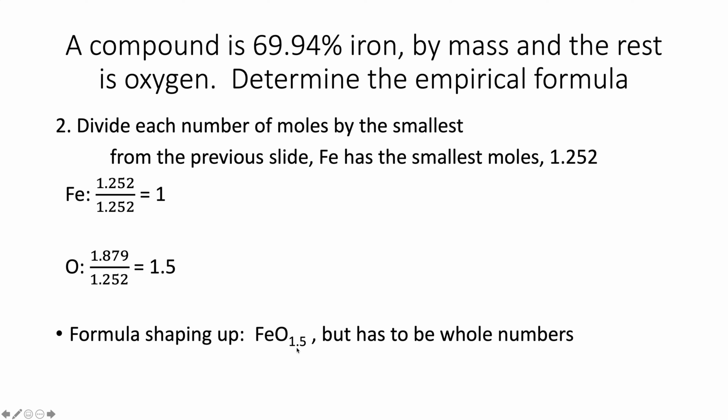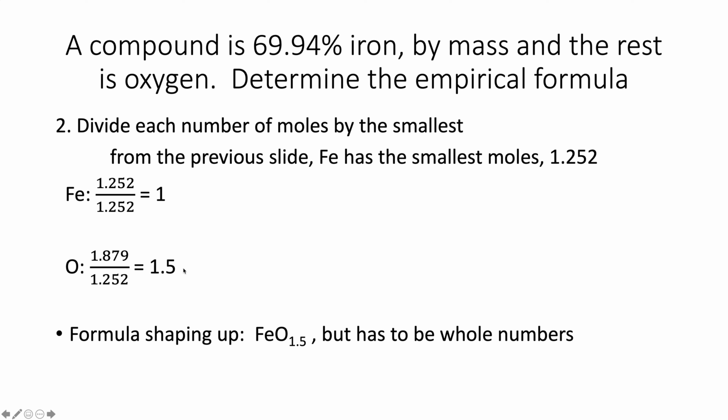Now, like I said, frequently you get 1 and 1.99, or something very close to whole numbers. But in this case, we did not. This is an example that has a third step. So what we do is you look at the fractional number and you say, what whole number can you multiply 1.5 by to get a whole number? You don't want to use a fraction because then you get a fraction in the formula.